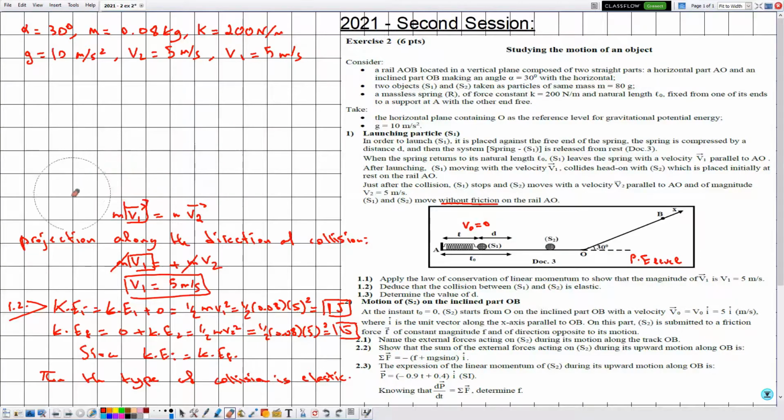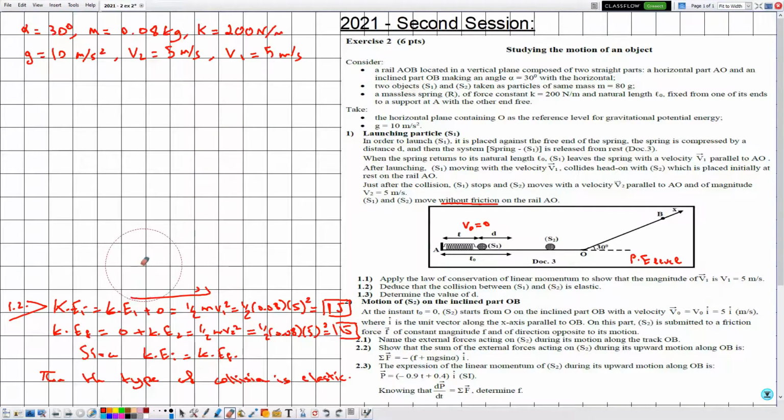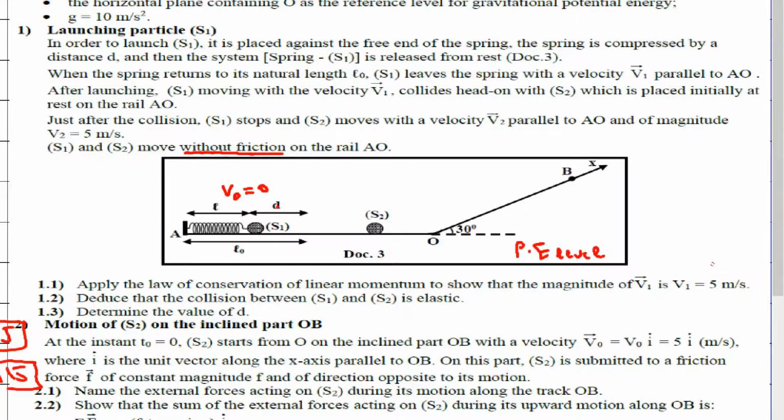Then in 1.3 they are telling us to determine the value of D. So what does D represent? D represents the compression of the spring when S1 is attached to the spring. And here, because D represents the compression of the spring, one directly should think about the conservation of energy, because D appears in the formula of the elastic potential energy.